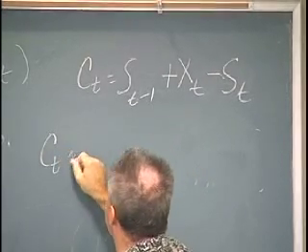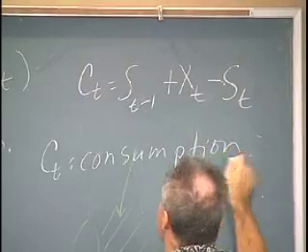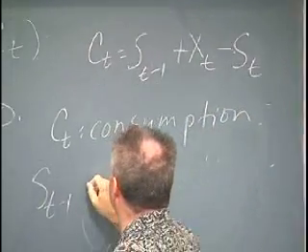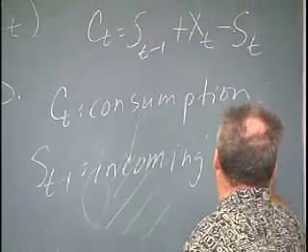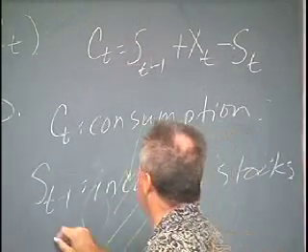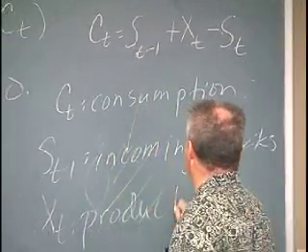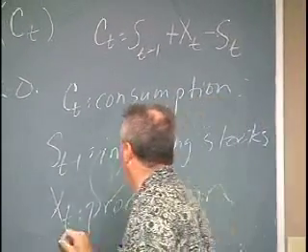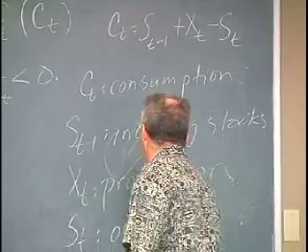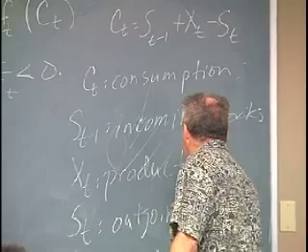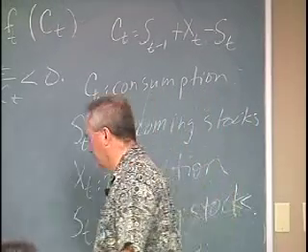So C sub t is consumption. S sub t minus 1 is incoming stocks. X sub t is production, and S sub t is outgoing stocks. Outgoing from this time period.